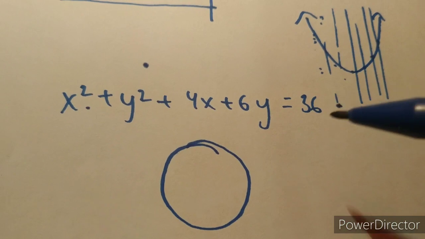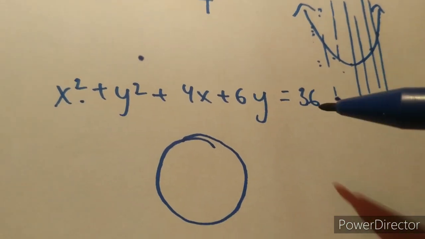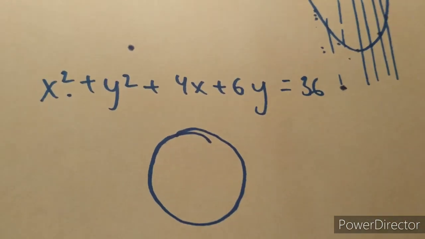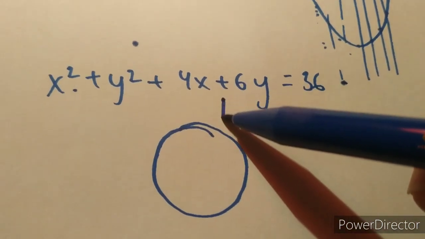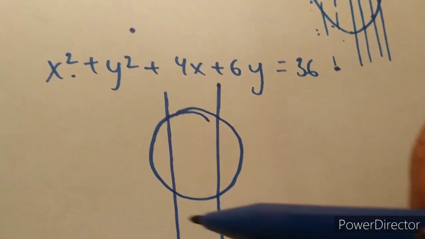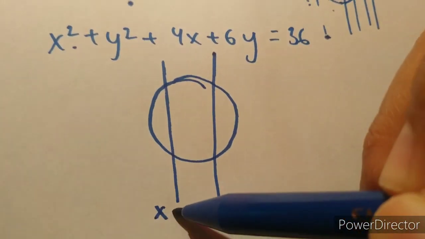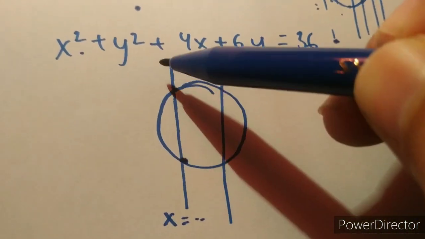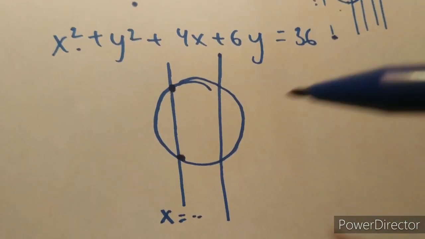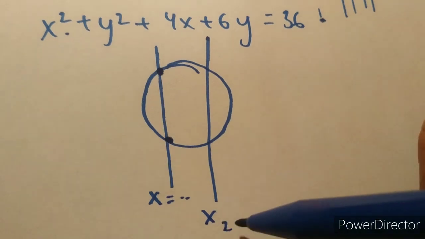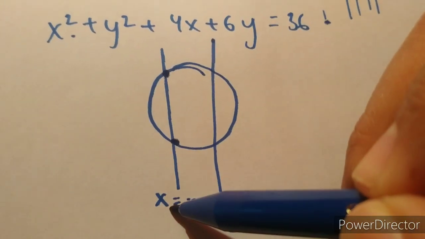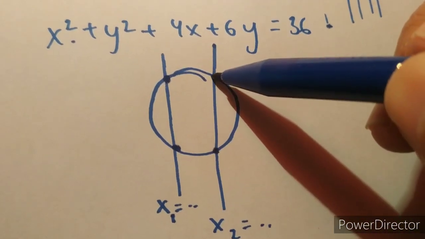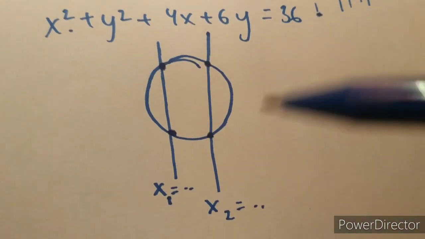But the question is whether this is a function or not. Since it will form a circle, later on we will discuss this. It is not a function. Why? Because for one value of x, for example this x, you will have 2 y's, and for another value of x, it will have another 2 values of y.